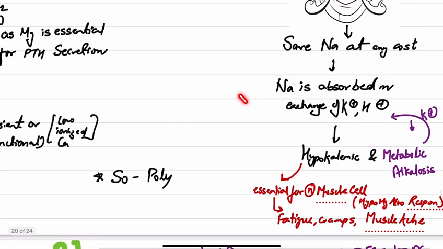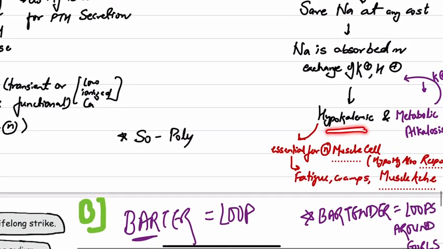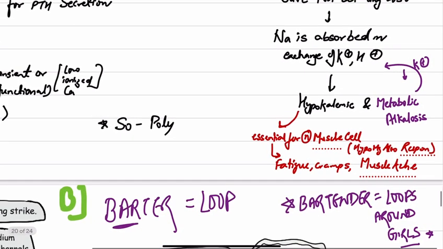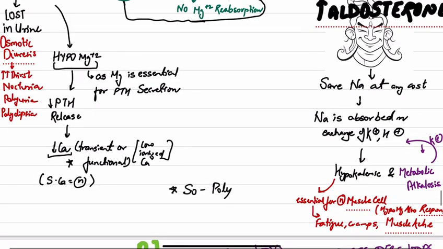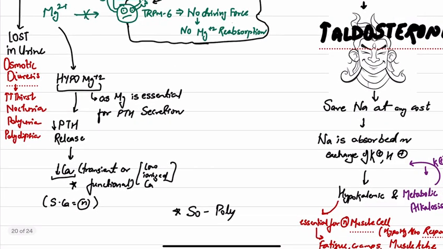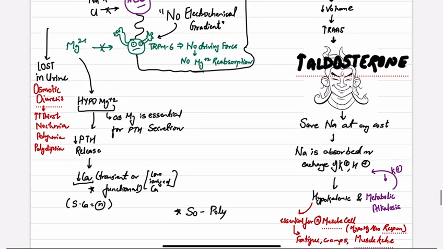Sodium is absorbed in exchange for potassium and hydrogen, so in the end potassium will be lost, causing hypokalemia, and H plus is lost, causing metabolic alkalosis, which in turn also causes hypokalemia. Potassium is essential for normal muscle cell function, so the patient will present with fatigue, cramps and muscle ache, along with osmotic diuresis, thirst, nocturia, polyuria and polydipsia.